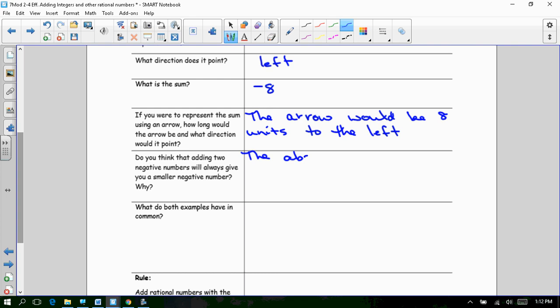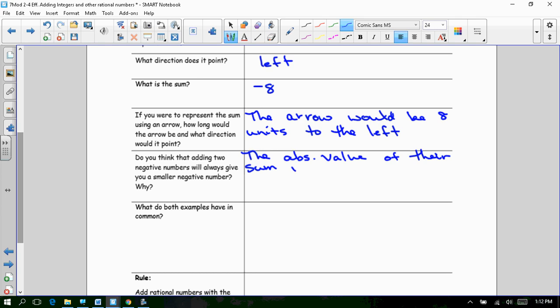So the absolute value of their sum is greater, but because of the negative, right, because of those negative signs, the answer becomes smaller.